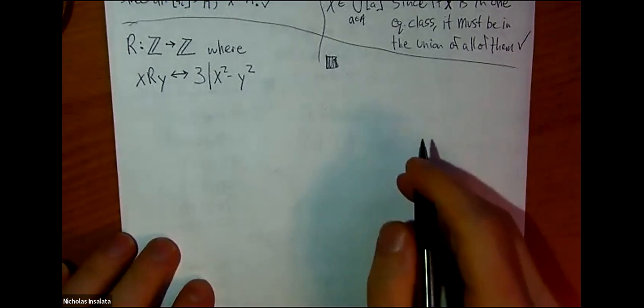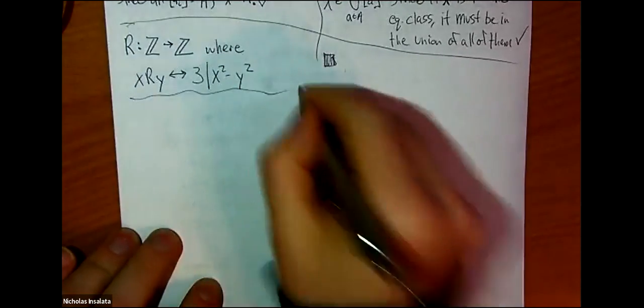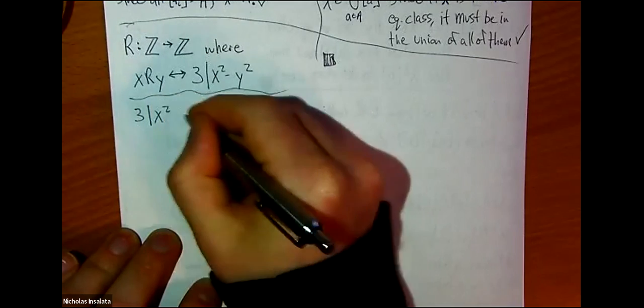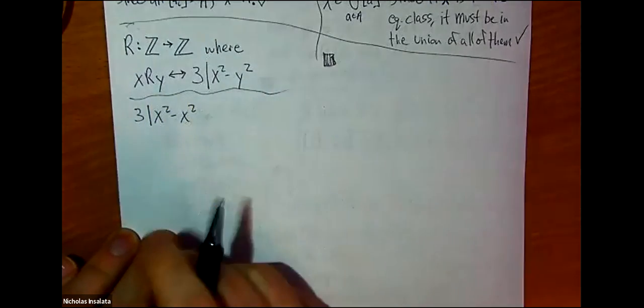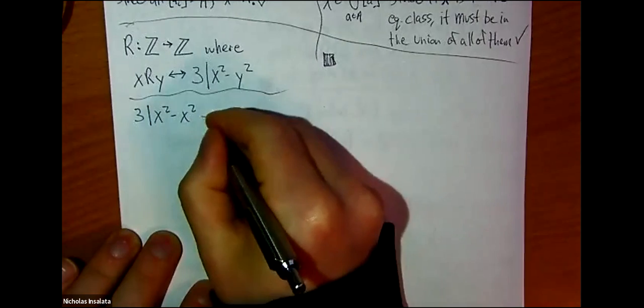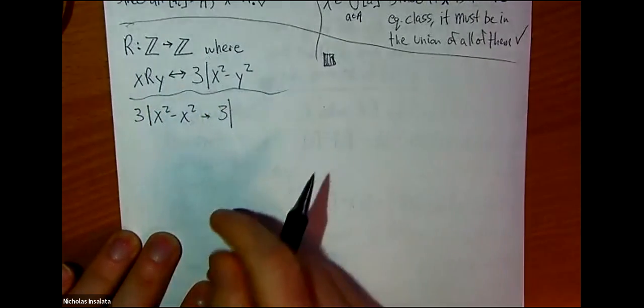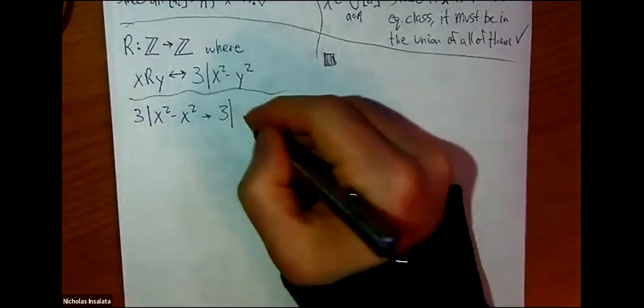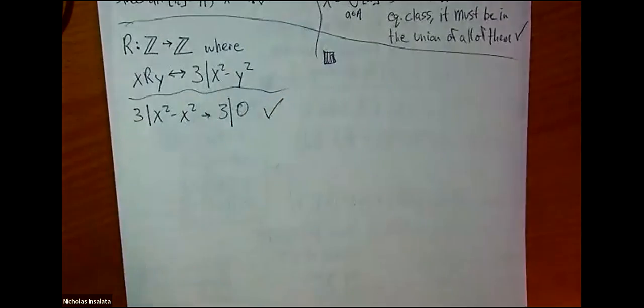So let's start with reflexivity. Does 3 divide x squared minus x squared? Okay, well, that's the same as 3 divides what? 0, which of course it does. So we got that one.